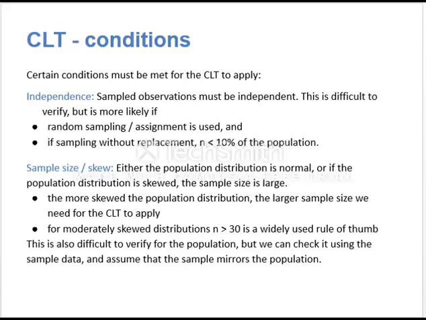But what we tend to pay a lot of attention to also is the sample size and skewness. If the population you're sampling from is very, very skewed, we need a really large sample size in order to believe that the central limit theorem applies. Usually 30 will do for slightly skewed distributions. For highly skewed, we may need 50 or so observations. For moderately skewed, we say 30 works.